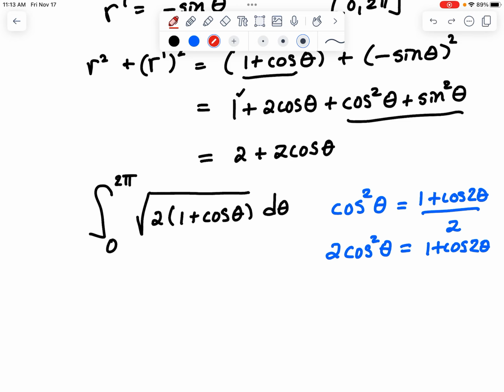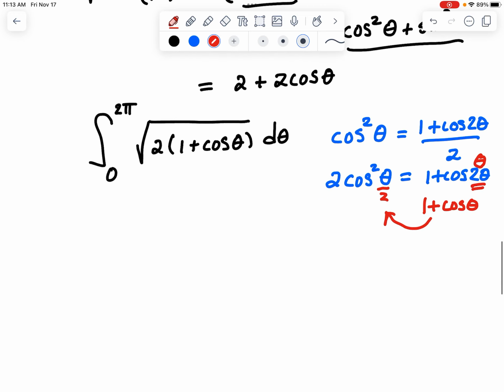So if you replace this just with a theta, that means you have to cut this in half. That means you'll have to also cut this in half. So you can use the identity that 1 plus cosine of theta can be replaced with that one.